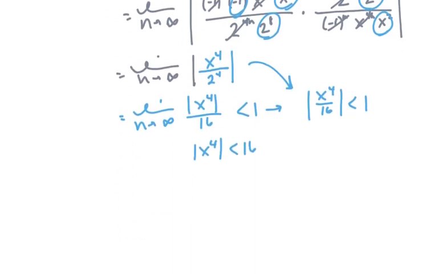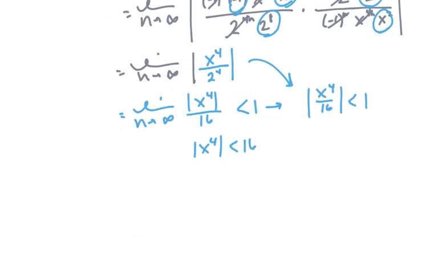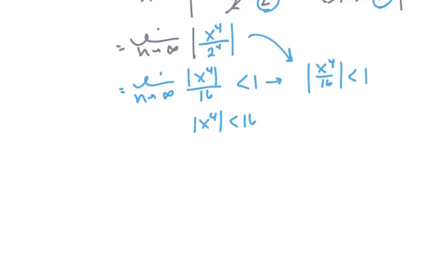So let's come down here. Now, if we're going to figure out our interval of convergence, we're going to say x to the 4th equals 16. So x equals plus and minus 2. The 4th root of 16 is 2. Then we need to look at our polynomial. Probably it's in between them because it's the interval of convergence, but let's double check that.